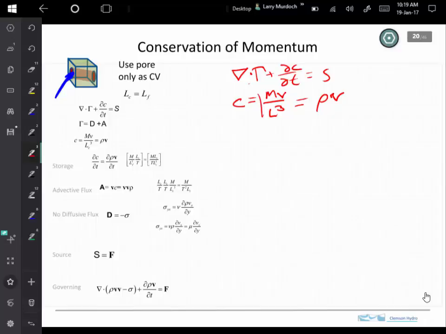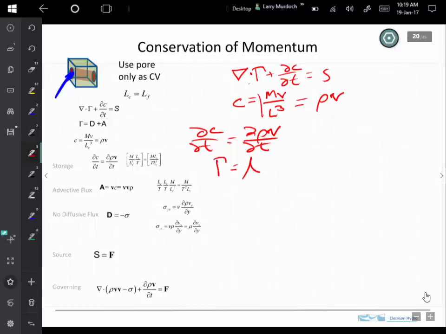So the first thing, let's do storage. So storage is this. It's pretty easy. Just substitute it in. Okay, so we're just substituting in for C. Now we've got the flux term.